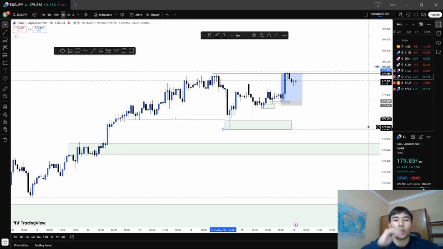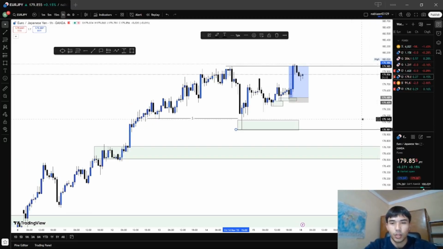So if you didn't understand what I said: if you see any consolidation, the price has to sweep the available liquidity, either the highs or the lows of the consolidation, and then starts the real move after the consolidation. You get the point, right?